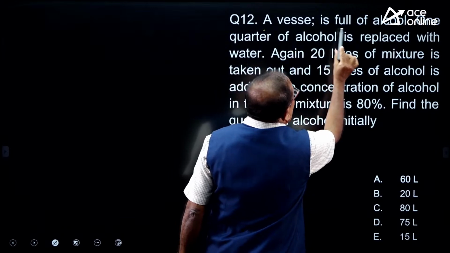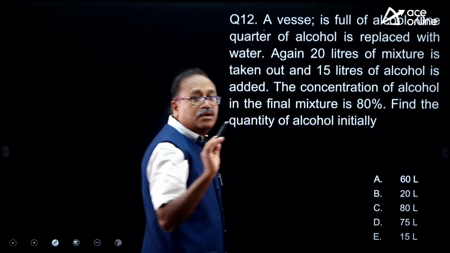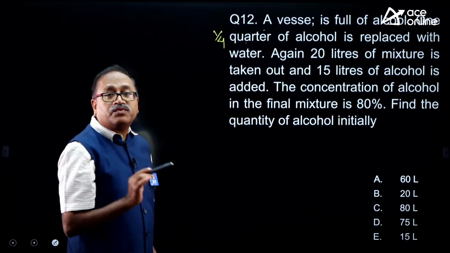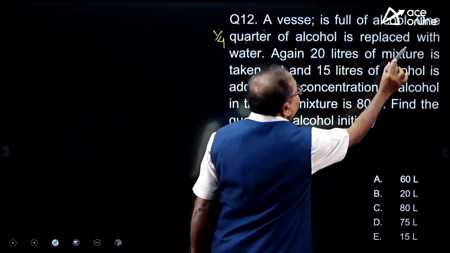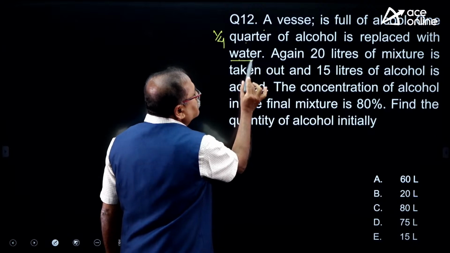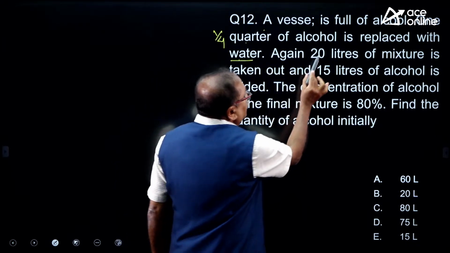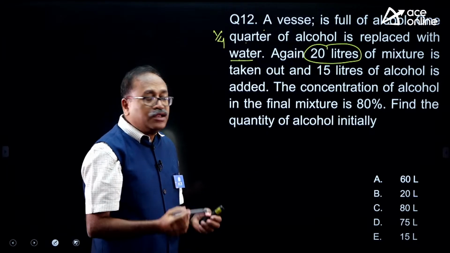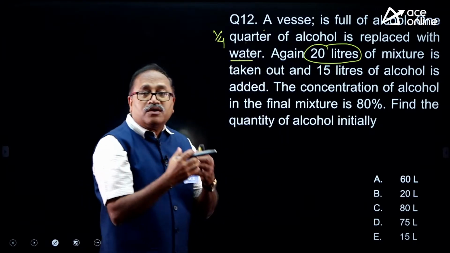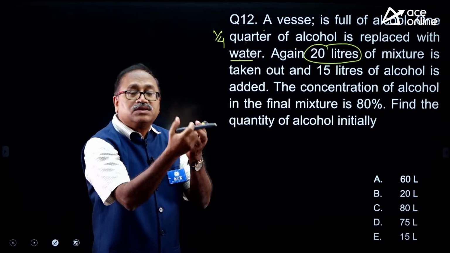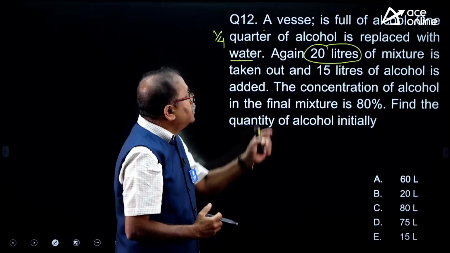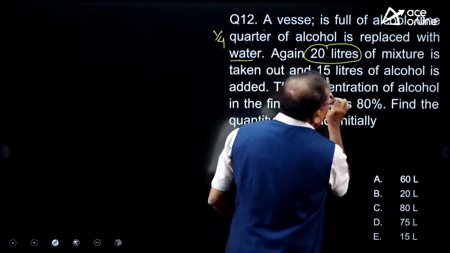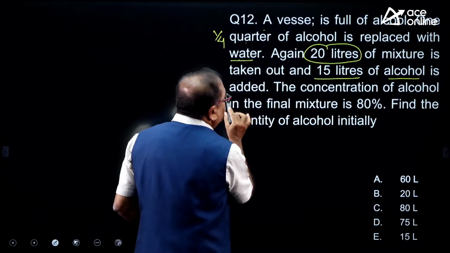A vessel is full of alcohol. 1/4 of the alcohol is taken out and replaced with water. Then 20 liters of mixture is taken out and 15 liters of alcohol is added.